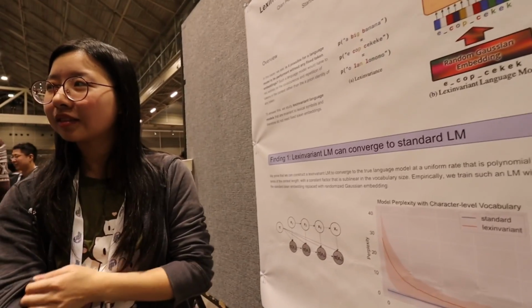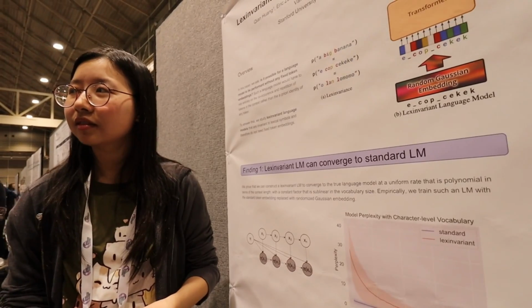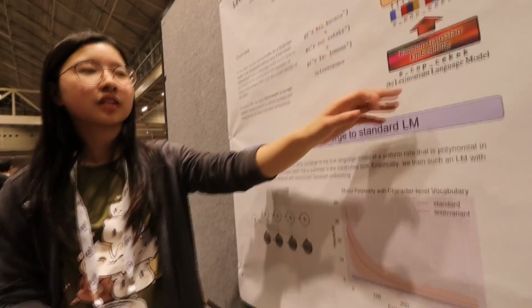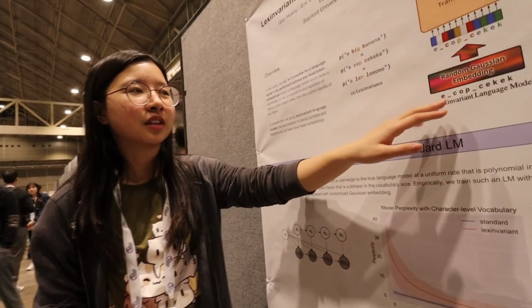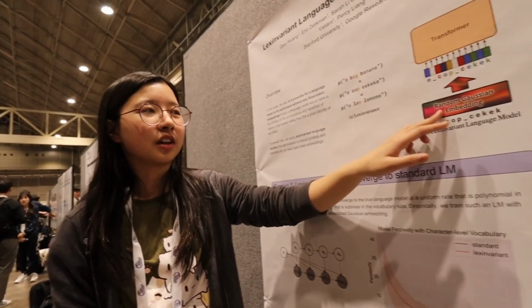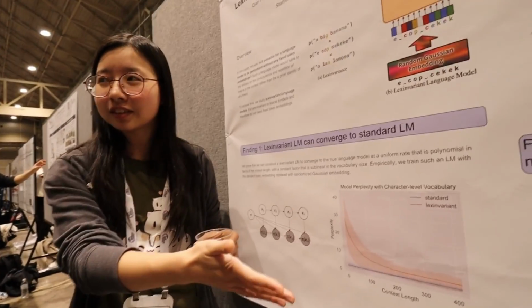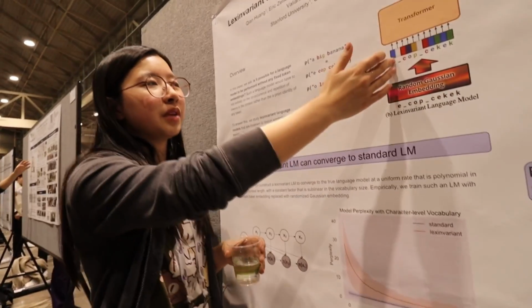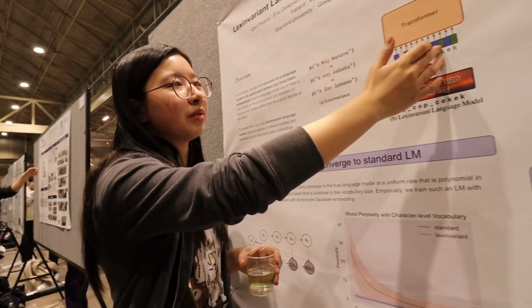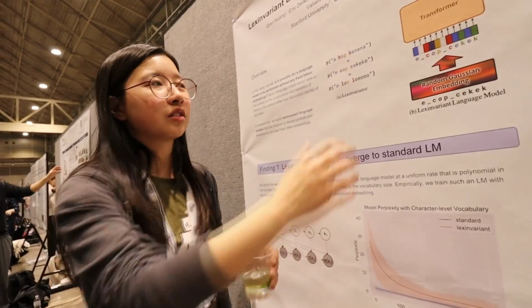Could you intuitively explain how the random Gaussian encoding works? Yeah, so the letter E here literally receives a randomly sampled Gaussian vector, and then the same E will have the same random Gaussian embedding at every place.